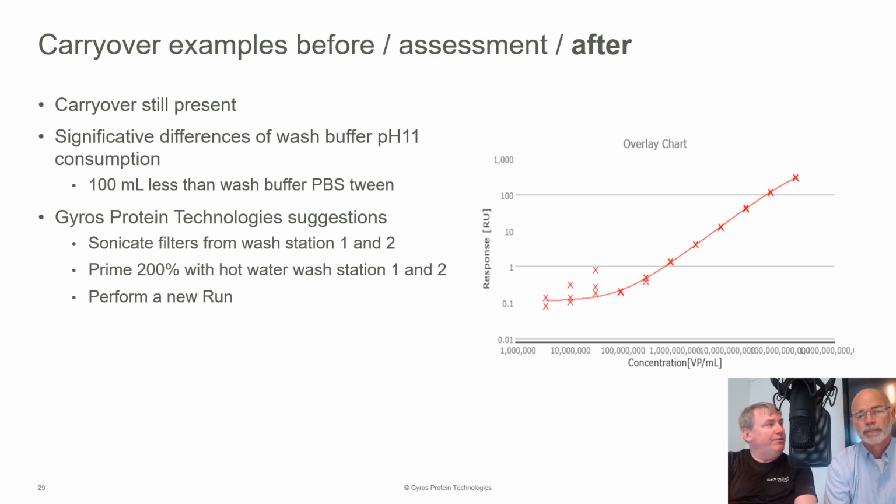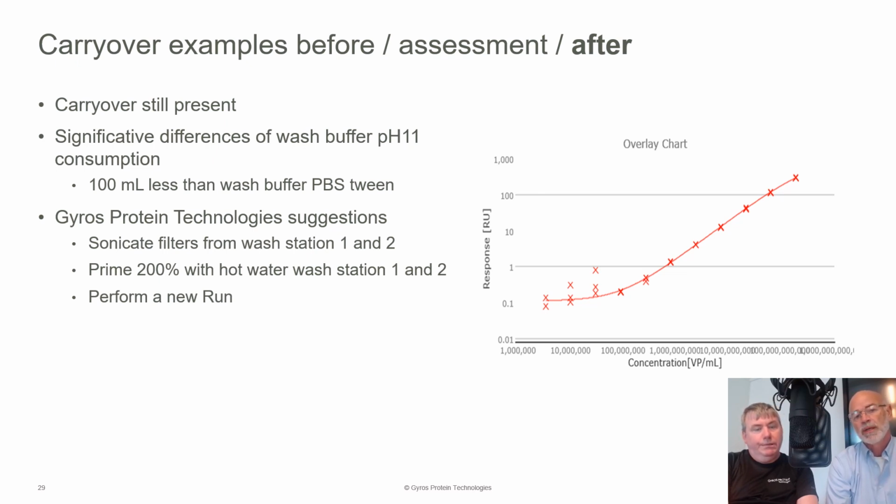Rob, do you want to comment on the use of hot water for cleaning the system? Yeah, one of the things that people have done in the past when they've seen carryover is to reprime the wash station with wash solution. What we know is that the pH 11 can start to accumulate in the wash station and crystallize there, and that will create blockage in the flow of the wash station, which dramatically reduces the efficiency of the wash station flow.